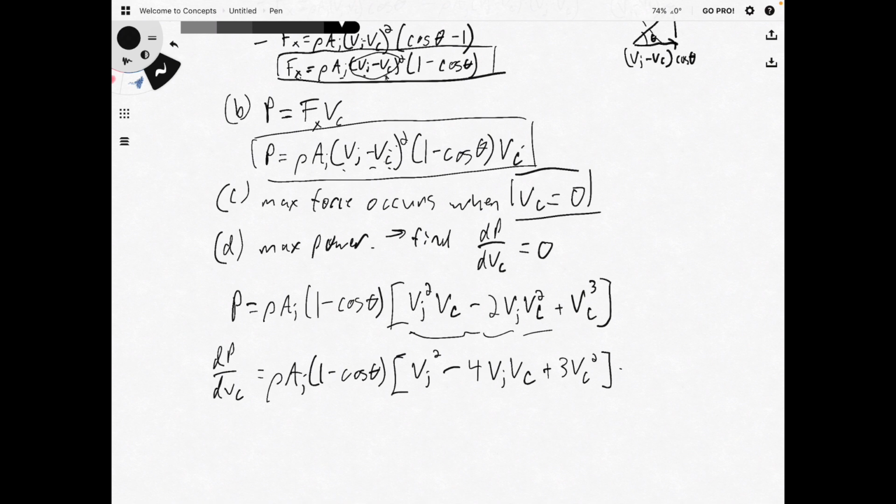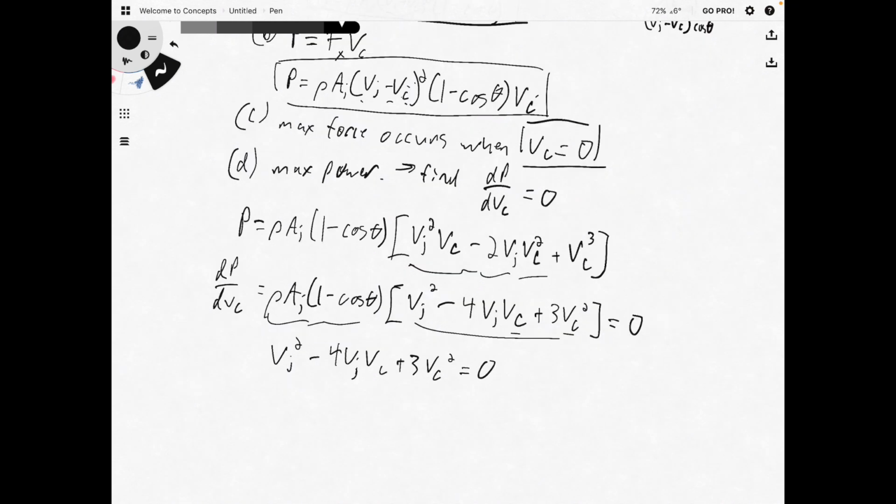And now we want to set this whole thing equal to 0. And if we set this whole thing equal to 0, this whole term here is going to drop out. So it's equivalent to finding the cart velocity Vc at which this whole term here is equal to 0. And so we end up with Vj squared minus 4 Vj Vc plus 3 Vc squared equal to 0.